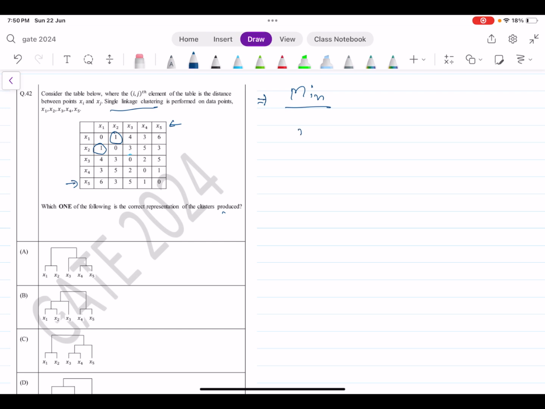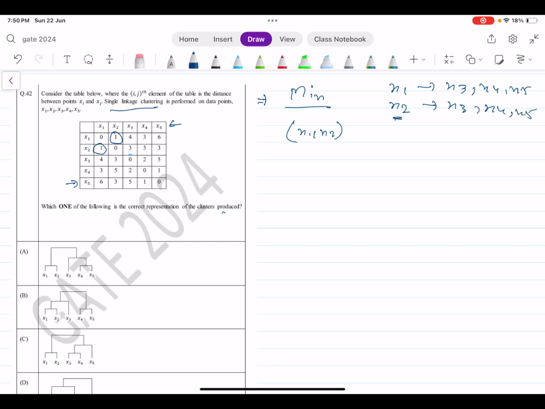Now there's no x1, no x2, there is a group called x1 and x2. There will be some distance of x1 from x3, x4, x5, and there will be distances from x2 to x3, x4 and x5.